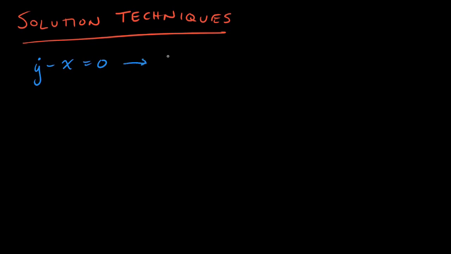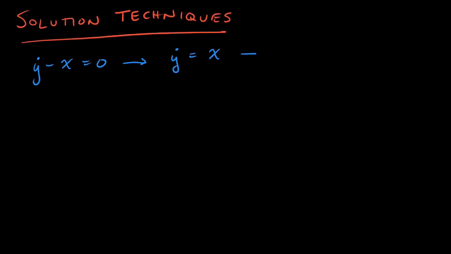Because I could write it also this way, y prime equals x. By inspection, we knew it had to be something that looked like y equals 1/2 x squared plus some constant c, and that was our general solution to that differential equation. So again, we could do that kind of by inspection.